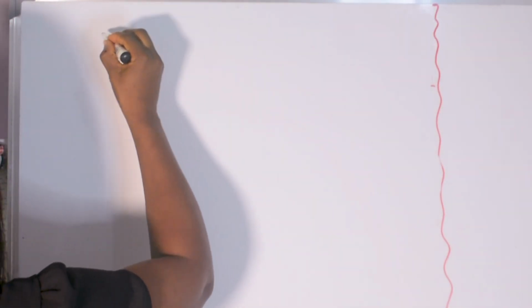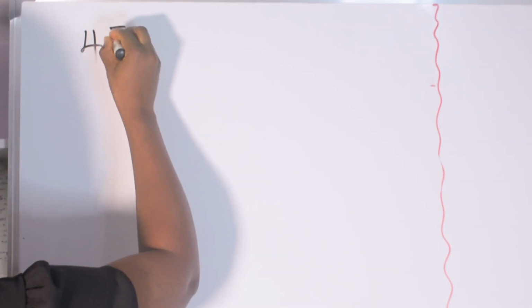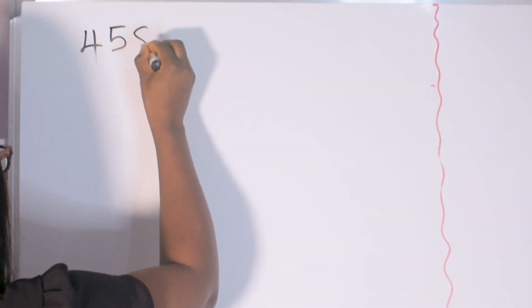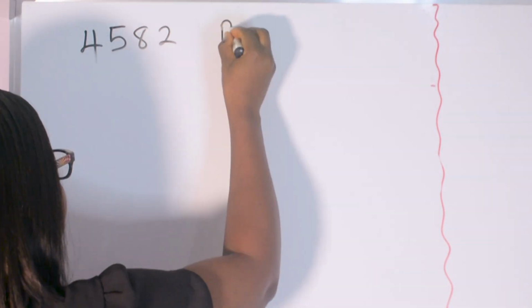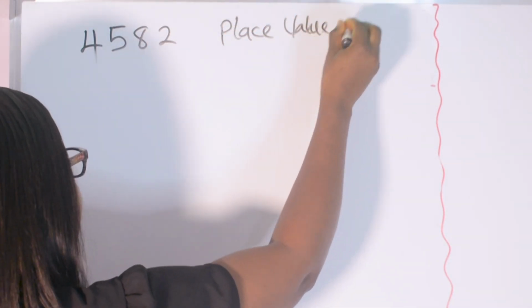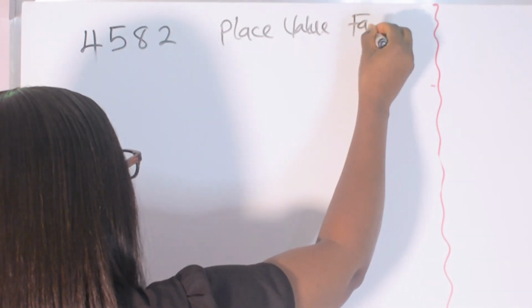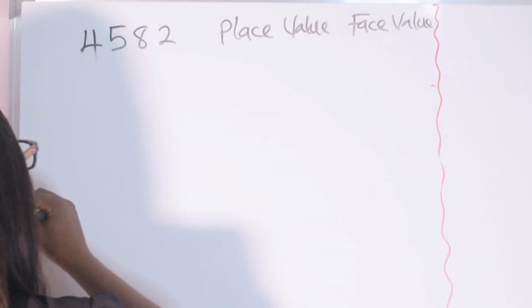Let's continue with our example. We are going to find the place value of this number, and also we are going to find the face value. Place value and face value. Don't forget our definitions.